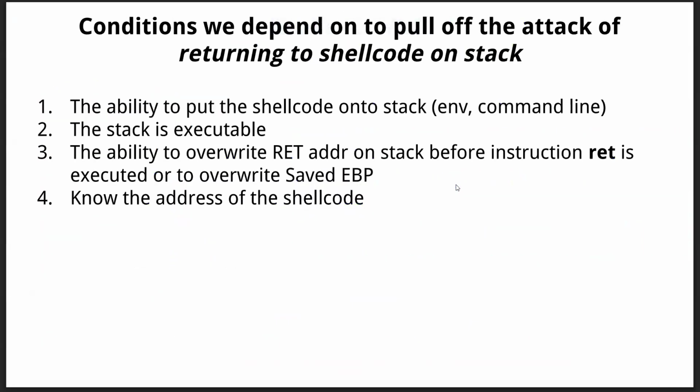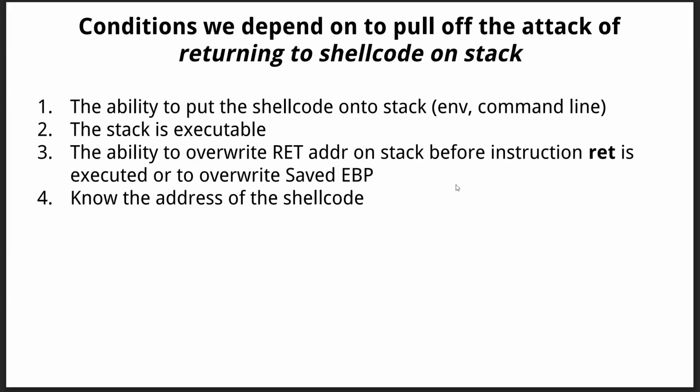Okay, so let's revisit the conditions we depend on to pull off this attack again. We still need the ability to put shellcode on the stack. And we know how to do that: environment variable, command line arguments. We still need the stack to be executable because our shellcode is there. We still need the ability to overwrite a return address or the saved EBP, which eventually leads to the return address, right?